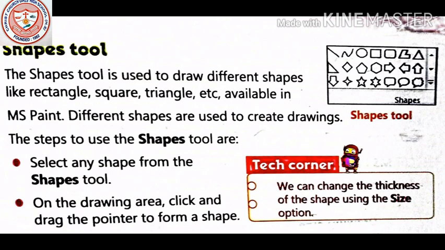So this is the way by which you can select and use the shapes tool to create different drawings. Any shapes you can use, rectangle, square, triangle, everything is available in the shape tool box.